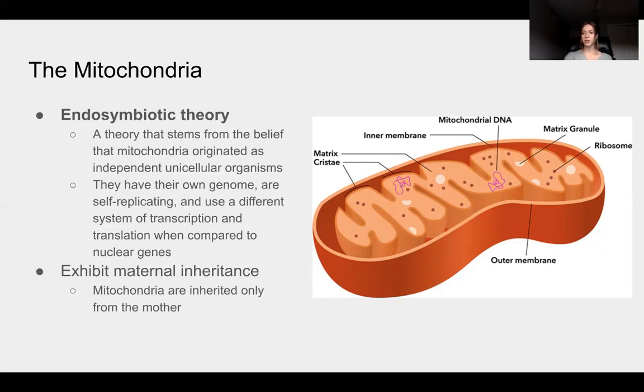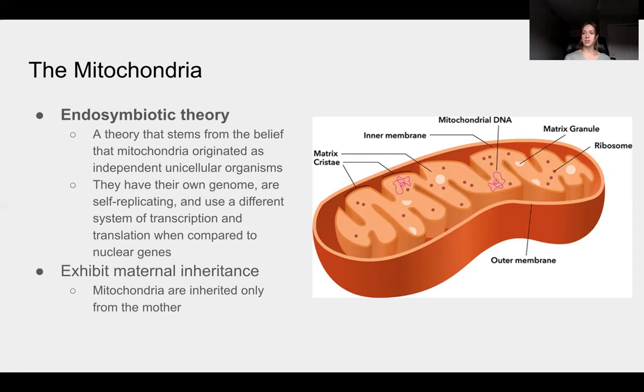So you may have heard this before, but endosymbiotic theory states basically that the mitochondria is assumed to have once been an independent unicellular organism that endosymbiosed into another cell, which is believed because they have their own genome, they're self-replicating, and they use a different system of transcription and translation when compared to nuclear genes.